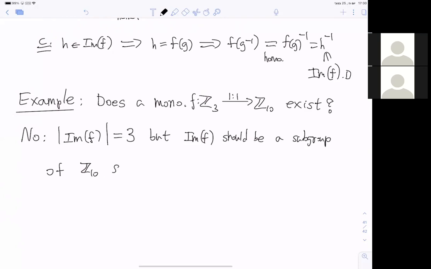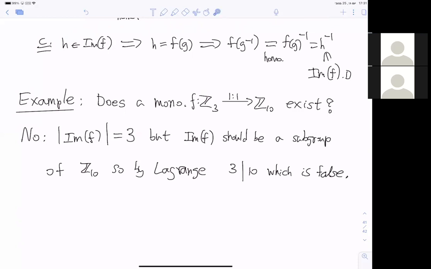And by Lagrange, three should divide, I mean, any subgroup's order divides the order of the greater group, which is false.